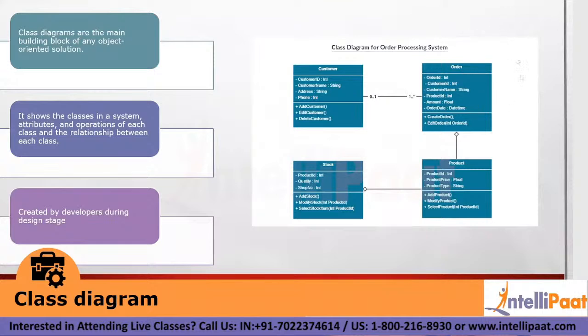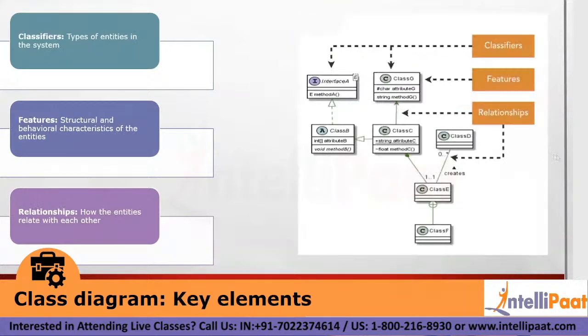The order class will only be available if your customer class is functioning correctly and has all its values right. Let's take a better example for relationships. So if you see, these lines are denoting the relationships between the classes, not these dotted lines. These dotted lines are just for these boxes.